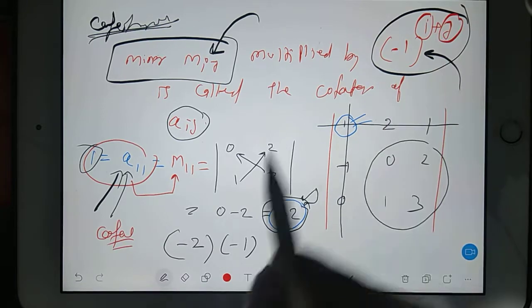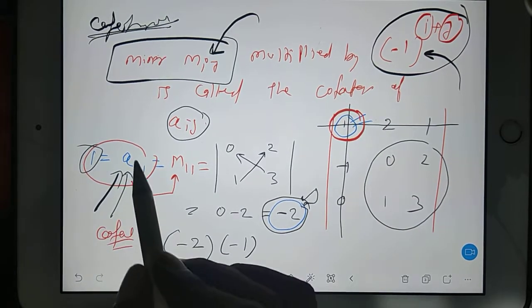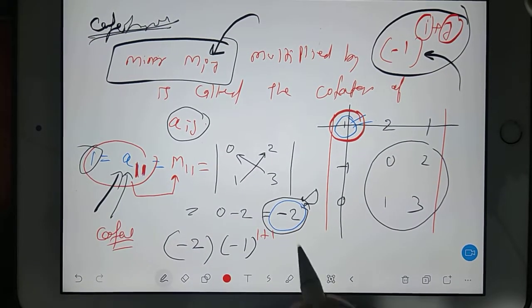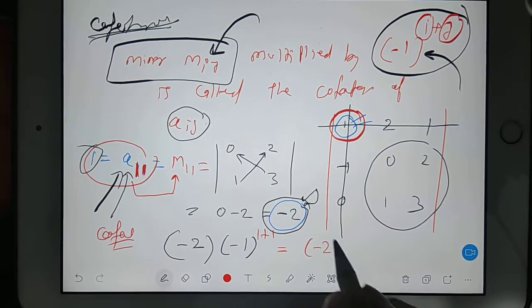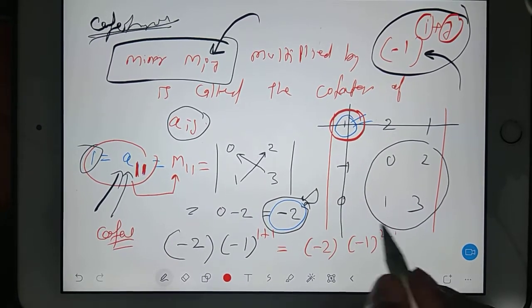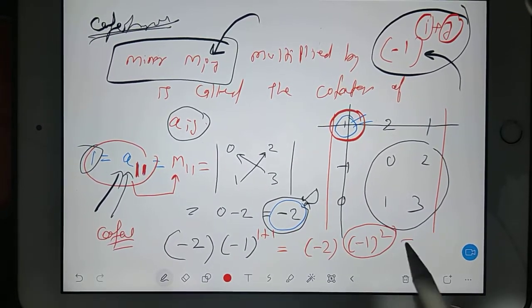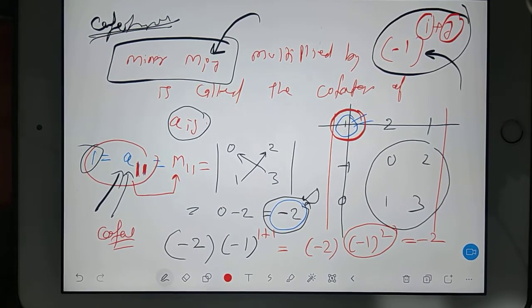The i value and j value for this 1 are 1 and 1. It means 1 plus 1, correct? It means minus 2 times minus 1 power 2. Now this became positive, so it became minus 2. So this is how we calculate the cofactor.